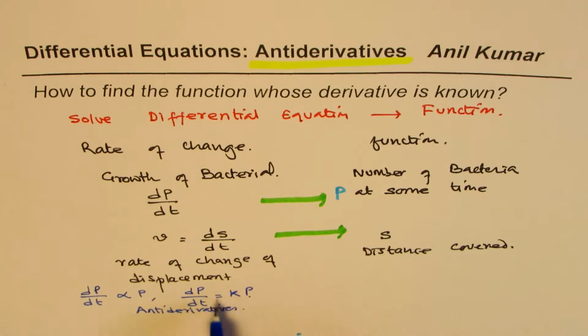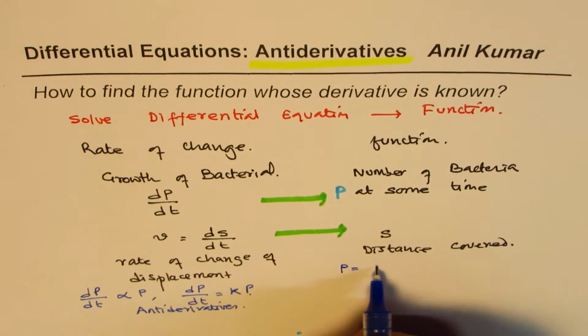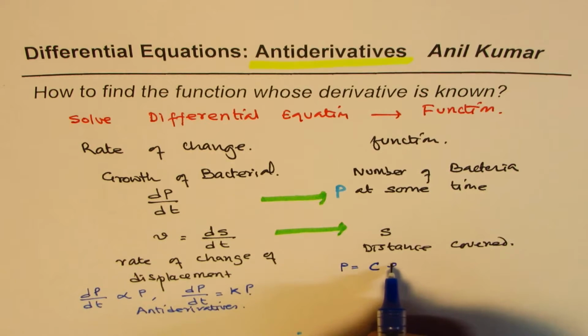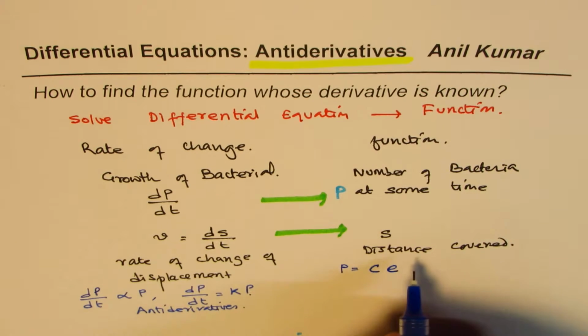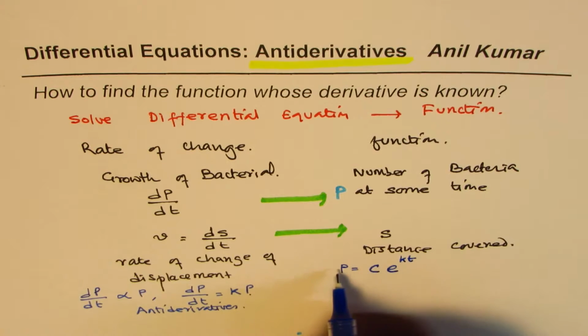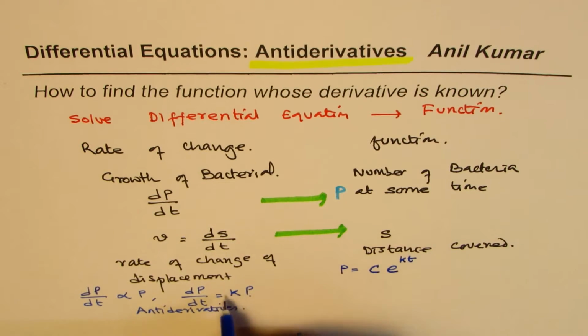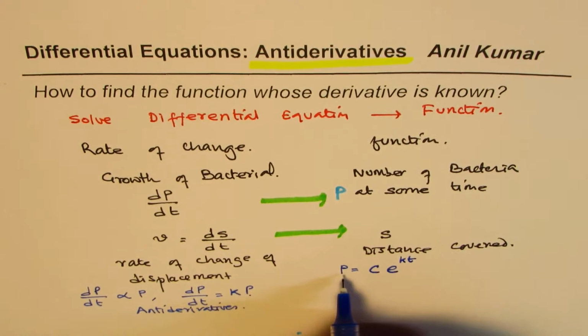And we are aware from our knowledge about derivatives that the function which can do this is an exponential function. Is that okay? So we can say c e to the power of something, let's call this kt. That could be the function whose derivative is going to be a constant times the function itself, right?